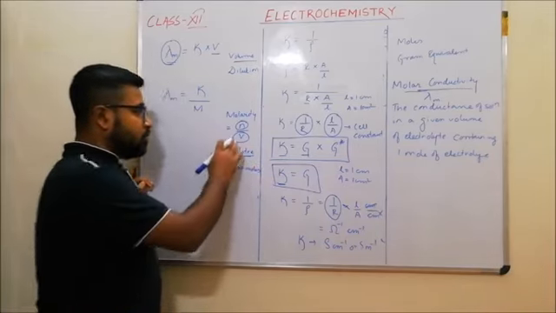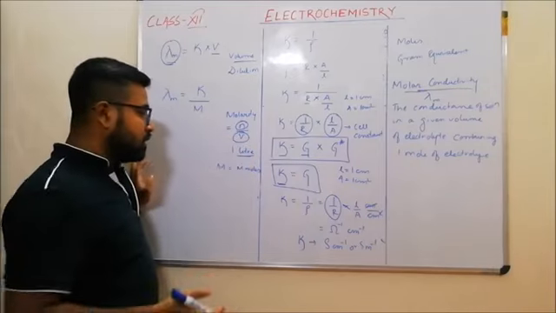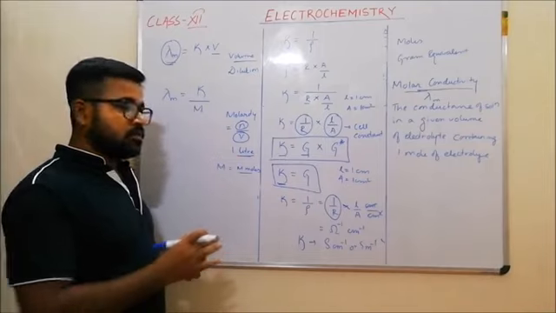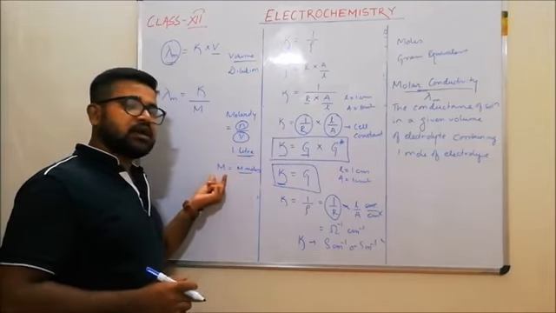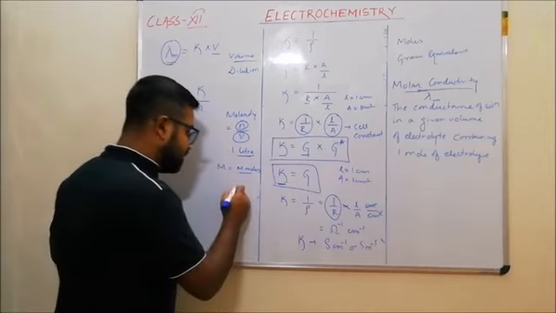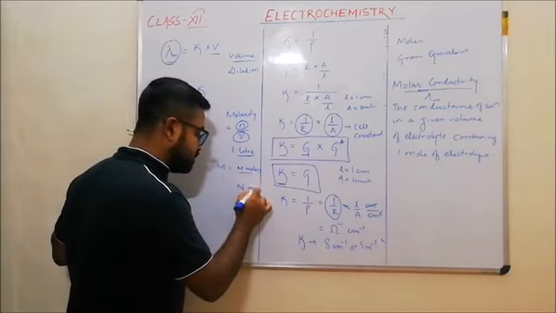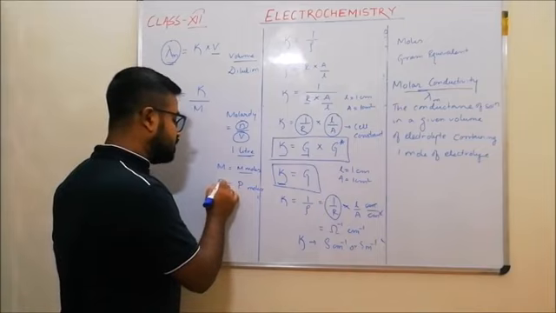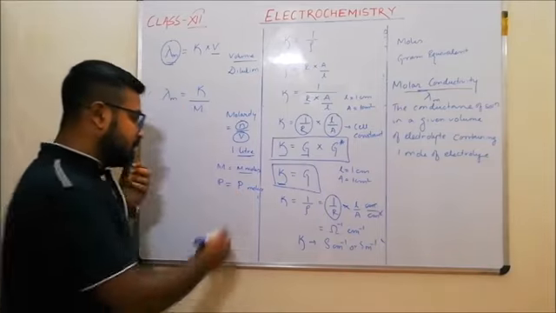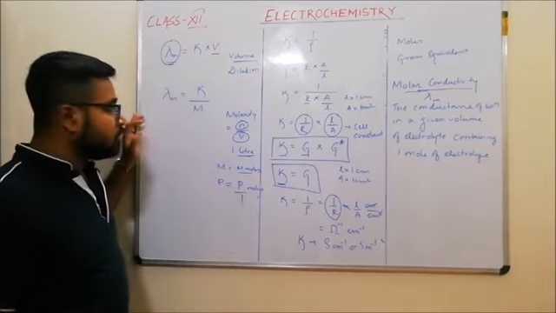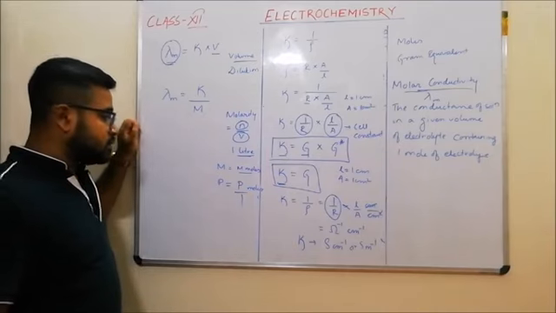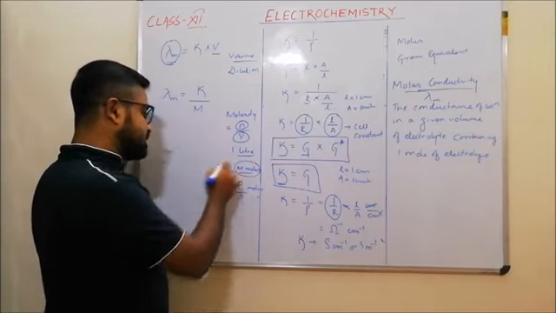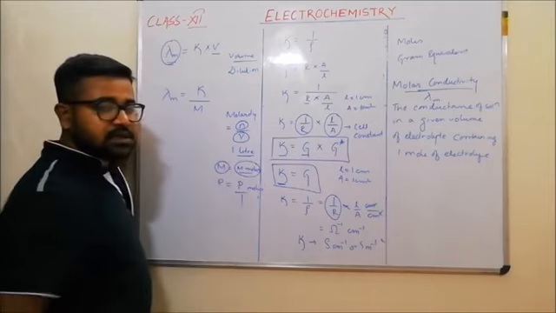When the volume remains the same, that is 1 liter, and we have M moles of ions, it means the molarity is M. Now suppose we have increased to P moles, then the molarity will be P, because the volume is 1. That's why, when the number of moles is increasing, the concentration is increasing.